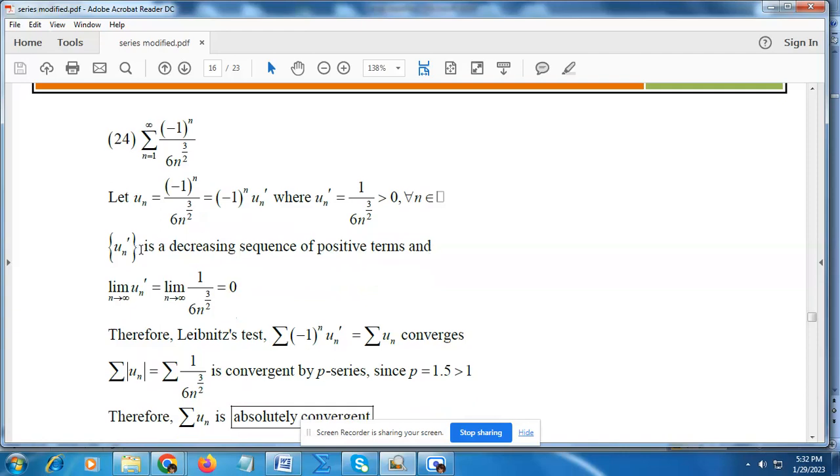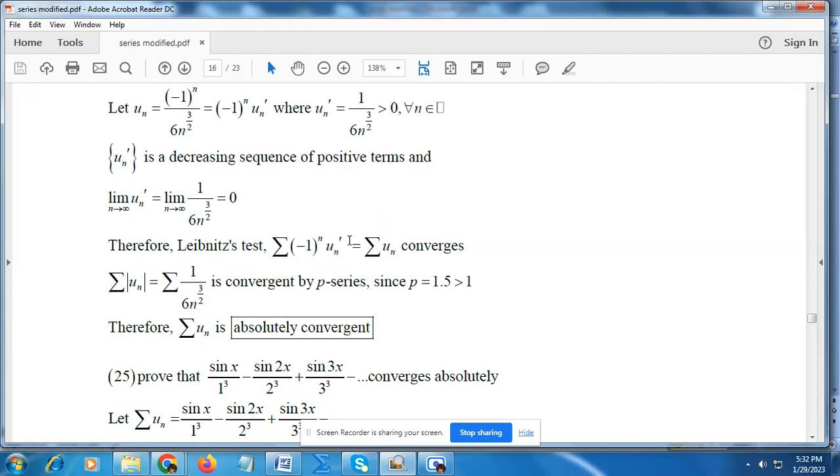Or you write un dash is a decreasing sequence of positive terms. Limit un dash as n tends to infinity is 0. First and second conditions are satisfied. Therefore, by Leibniz test, sigma minus 1 whole power n un dash converges. That is, the alternating series is convergent.